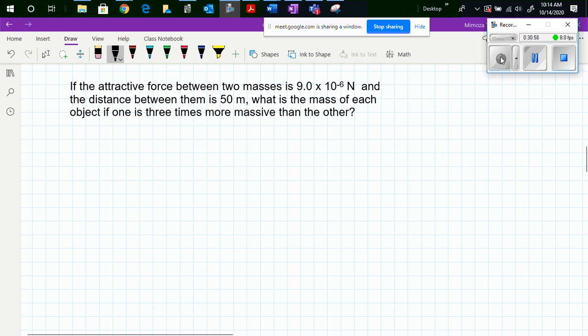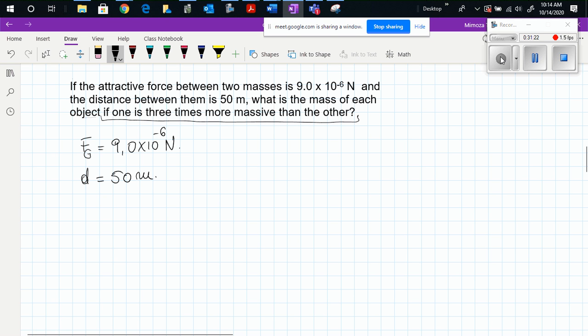So the attraction force is 9.0 times 10 to the power of -6 newtons. The distance between the two objects is 50 meters. Now, what is the mass of each object? This is the part that we have to look at carefully.